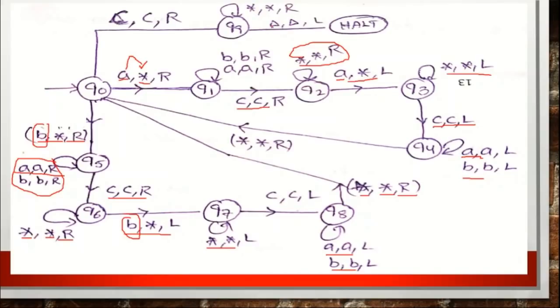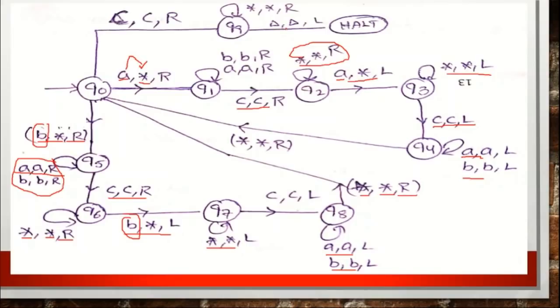Finally we reach the end of the input, that means there were no input symbols in the second part of the string. Already, after the star, we immediately saw there were no input symbols to mark in the first part of the string. Now we check whether any input symbol exists at the end of the second part of the string or not. After the stars, if we read the end of the input, that means there is nothing between the star and the end of the input, so all symbols are marked as some external symbols.